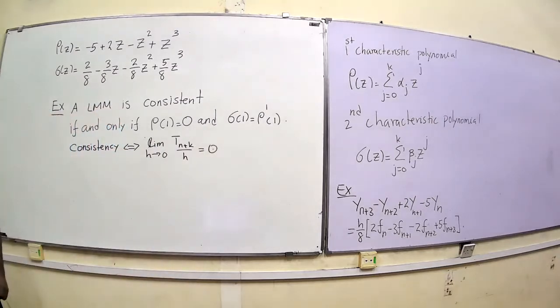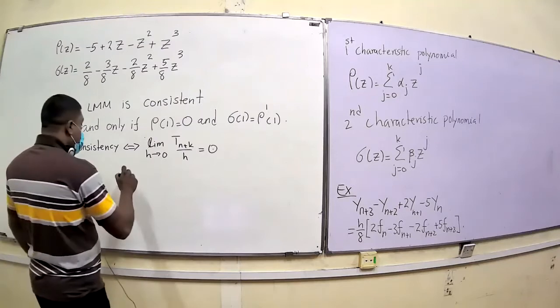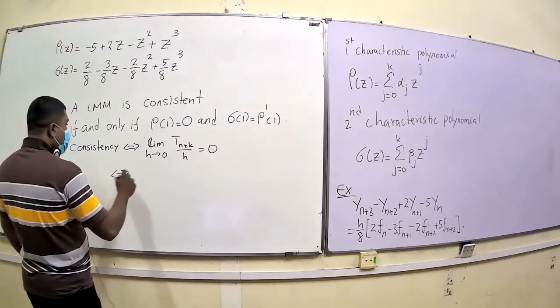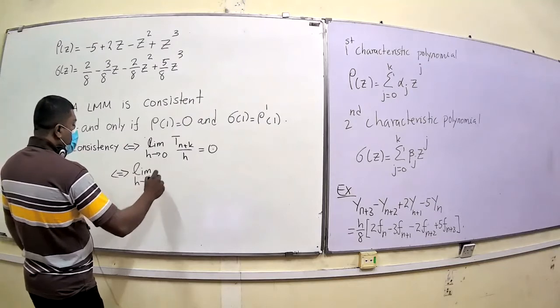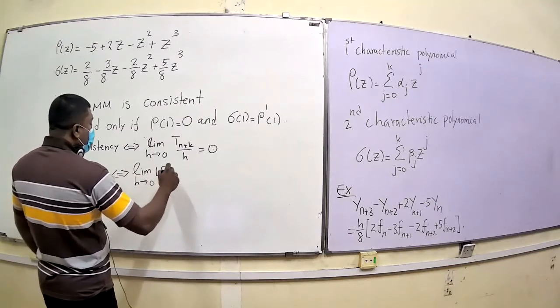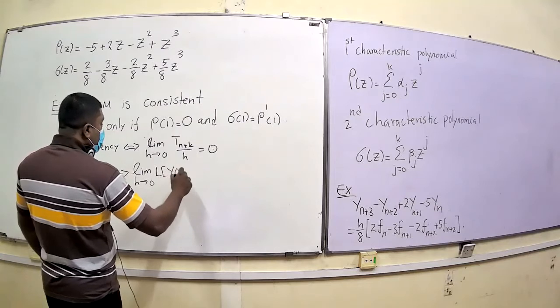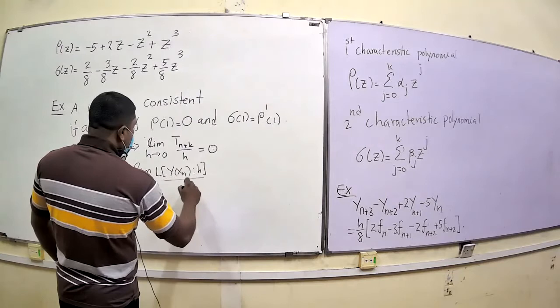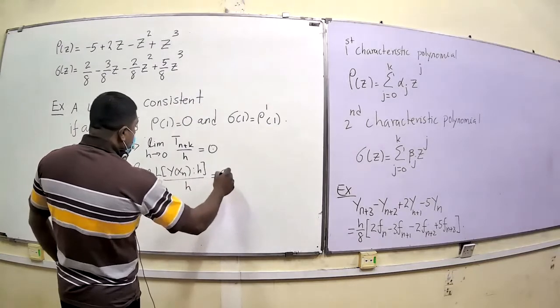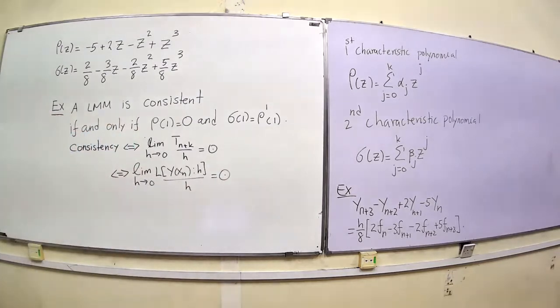That is the same as the limit as h goes to 0 of L of y, xn, h over h equal to 0.